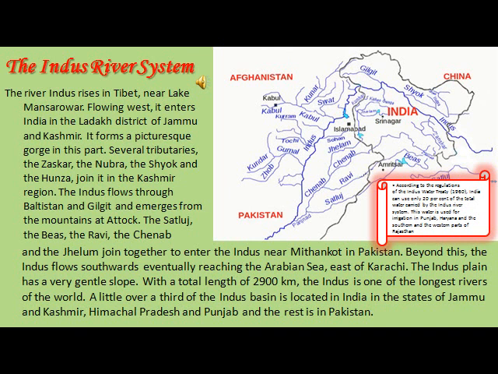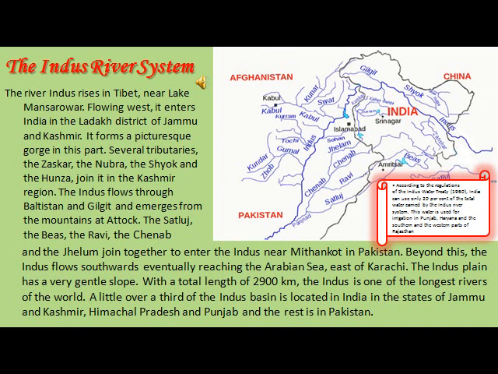The Indus flows through Baltistan and Gilgit and emerges from the mountains at Attock. The Satluj, the Beas, the Ravi, the Chenab, and the Jhelum join together to enter the Indus near Mithankot in Pakistan. Beyond this, the Indus flows southward, eventually reaching the Arabian Sea east of Karachi.